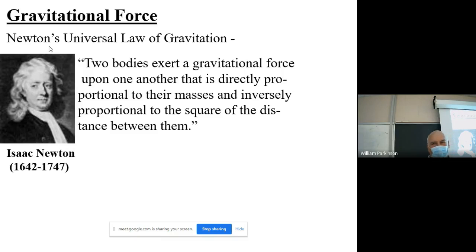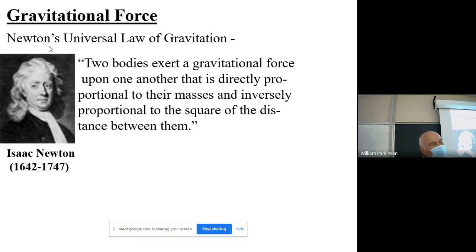A lot of other people had an understanding, of course, that gravity pulled things to the earth. It was just that Newton was able to generalize the description of gravity not only to what he encountered on Earth, but to the entire universe.